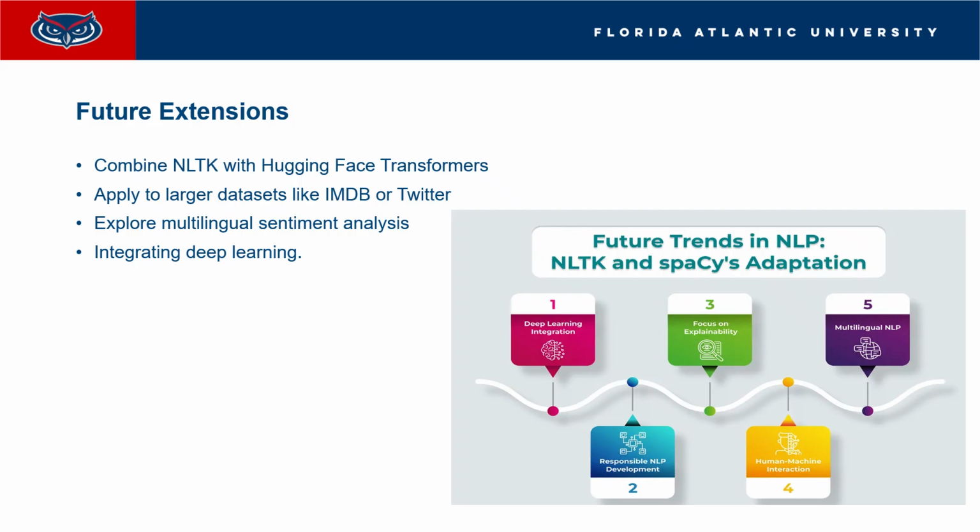Some potential extensions include integrating NLTK with Hugging Face transformers to blend rule-based and deep learning models, applying it to large datasets like IMDB movie reviews or Twitter data for more realistic analysis, exploring multilingual NLP using NLTK with additional language corpora, or building hybrid pipelines where NLTK handles preprocessing and deep learning models perform final analysis. This hybrid approach can provide both speed and interpretability.